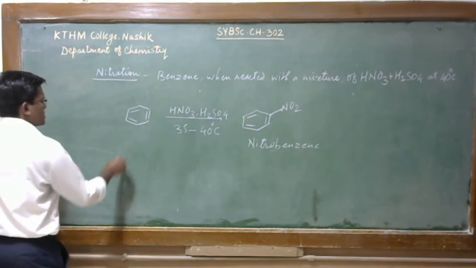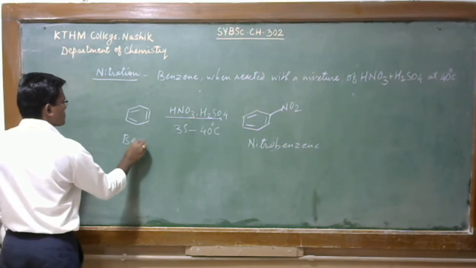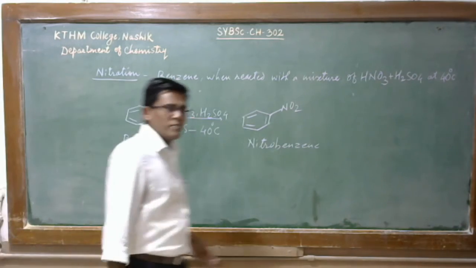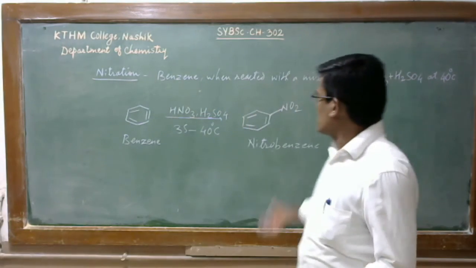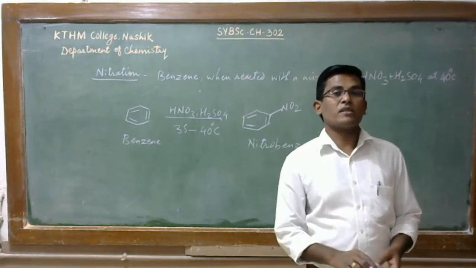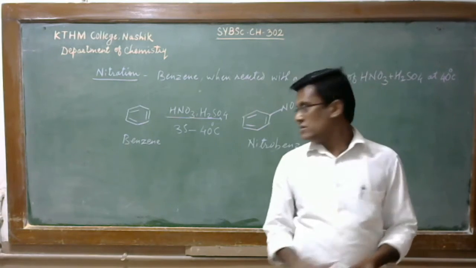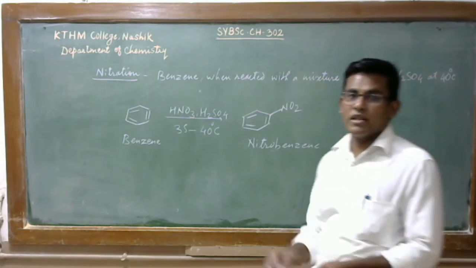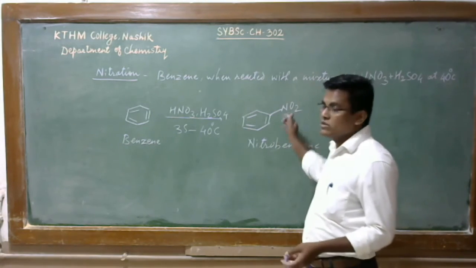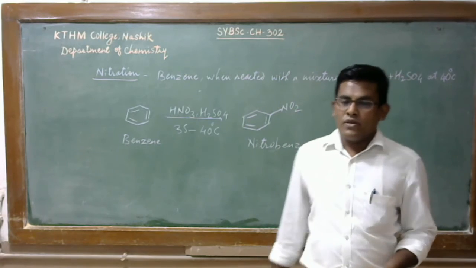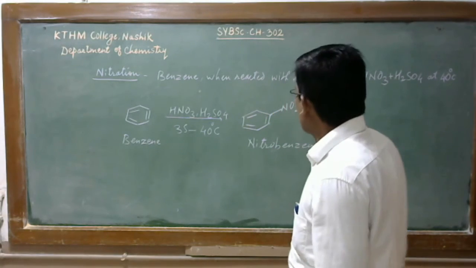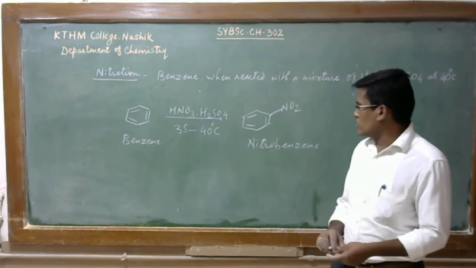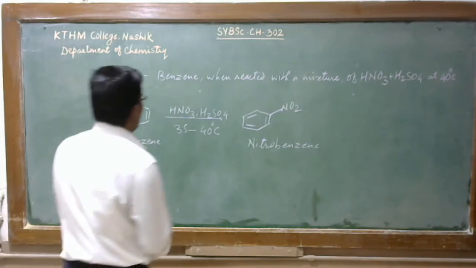So this is benzene. When benzene reacts with HNO3 in the presence of H2SO4 at around 35 to 40 degrees Celsius, it gives rise to nitrobenzene. So this is the electrophilic substitution reaction. We will see the mechanism.